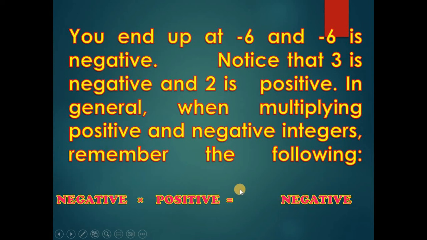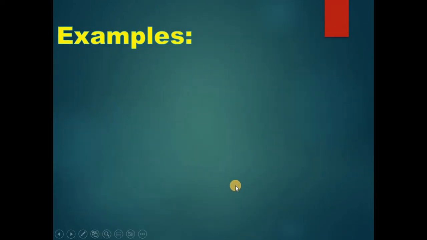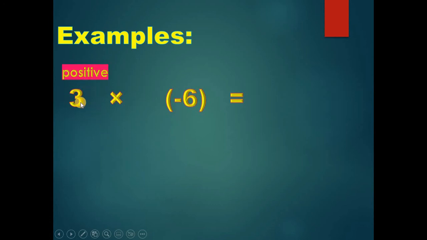Okay, so, example. Yan, example. Okay, so we have positive 3 multiplied by negative 6. Okay, kapag pinag-multiply natin yung positive and negative, the outcome is negative. So, 3 times 6, we have 18. So, yung rule natin na negative. Okay, so therefore, 3 times negative 6 is negative 18.